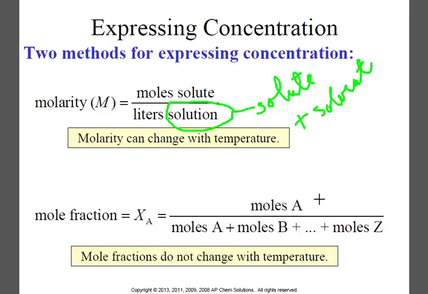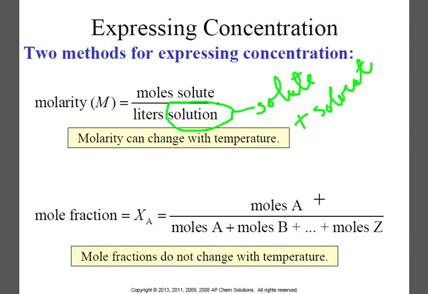If we're looking at a word problem, it will usually tell us the volume of the solution, or it will tell us that the volumes are additive, meaning we can just add the solute and solvent together. And then on the top, you have moles of your solute. Molarity is symbolized by a capital M, and it can change with temperature because volume changes with temperature.